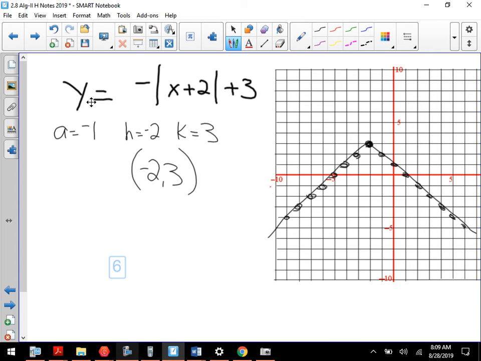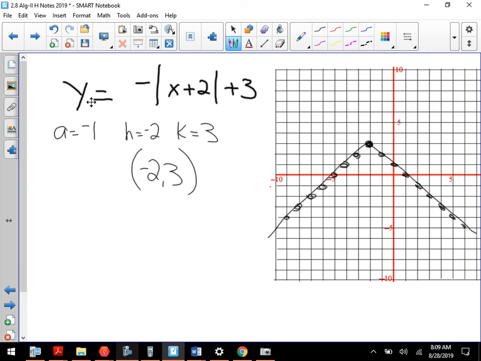And the domain would have been all real numbers. Yep, h is always the opposite. Whenever you see it written as that minus h, it's always the opposite sign. The k value is always the same sign. It's the rule for those.